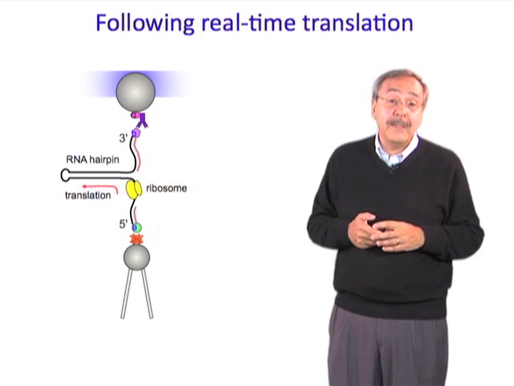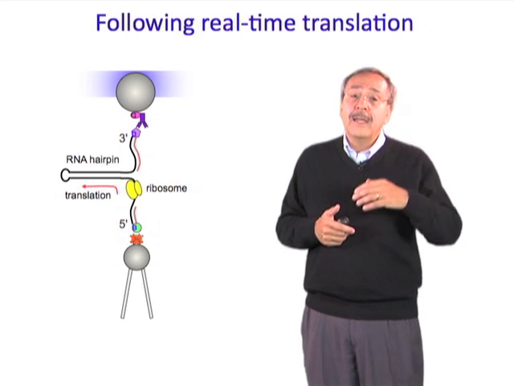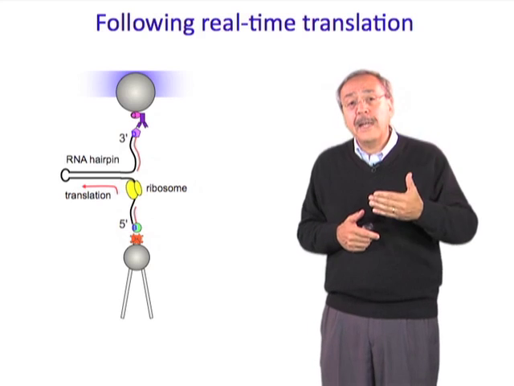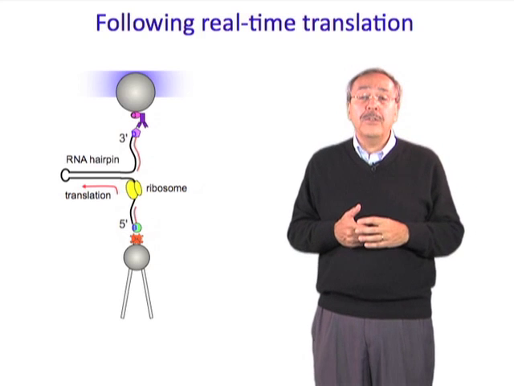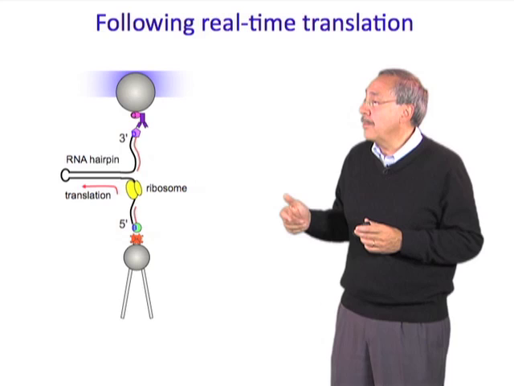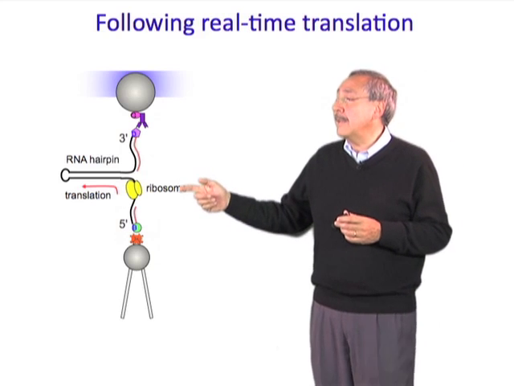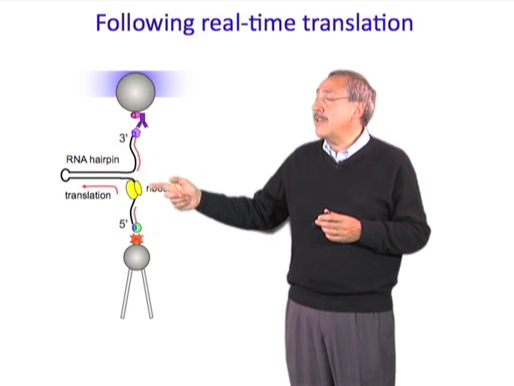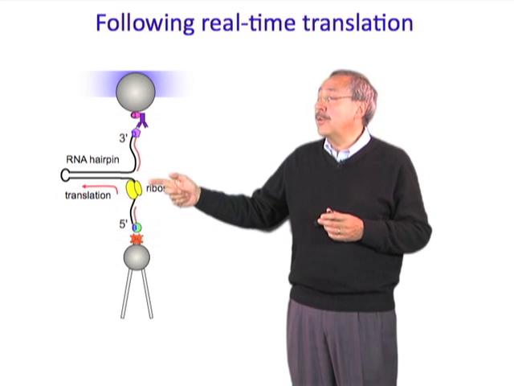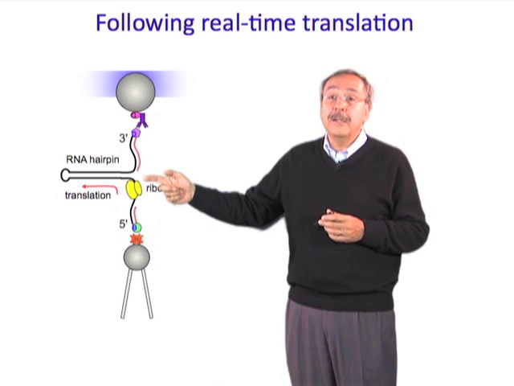So now what is going to happen is this. We add all the initiation factors, the tRNAs, and the elongation factors, and then this ribosome is going to start translating this RNA. As translation occurs, the ribosome has to open the hairpin here, right?